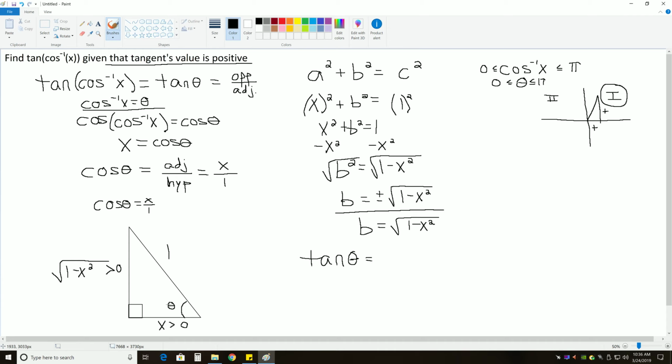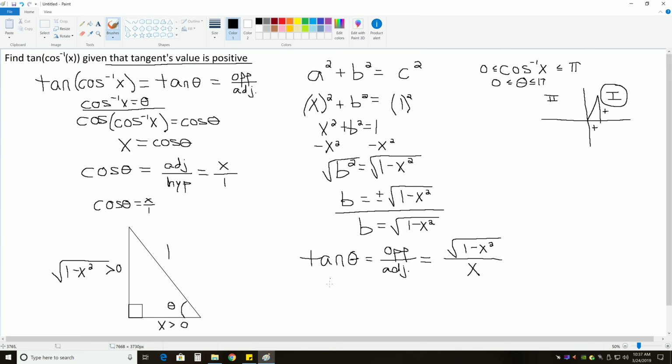tangent of this angle, is equal to the opposite over the adjacent, which gives us the square root of 1 minus x squared divided by our adjacent side, which is x.